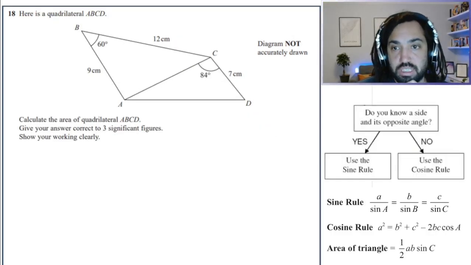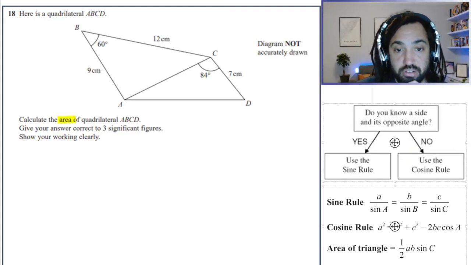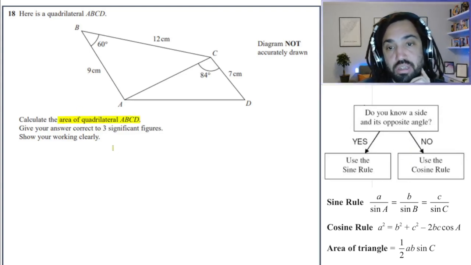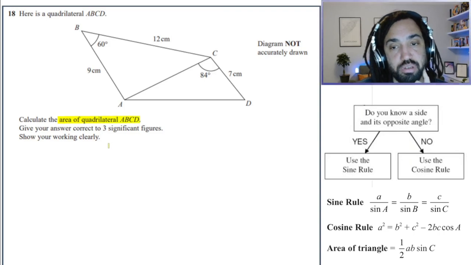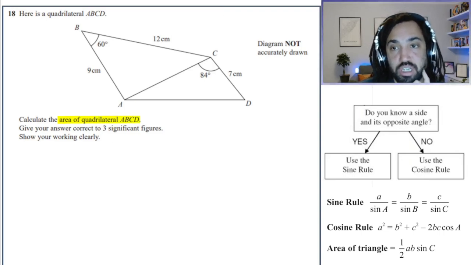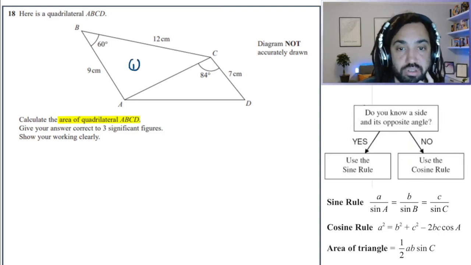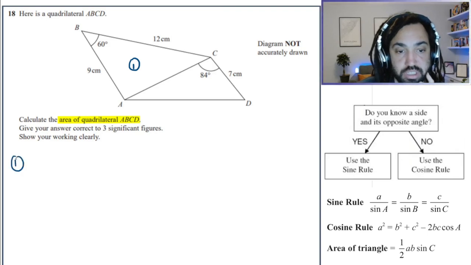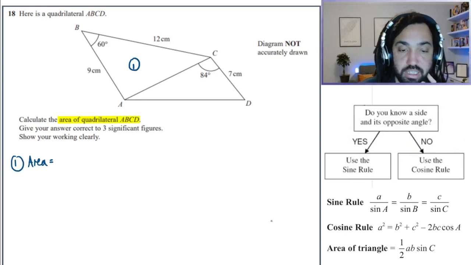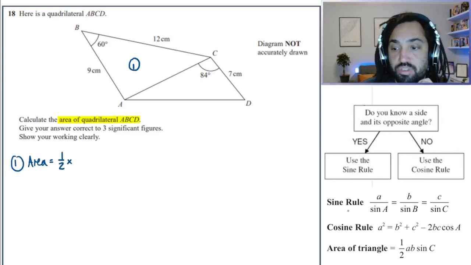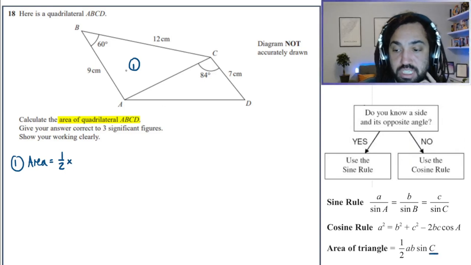Okay, next question, and we're asked to work out the area of the quadrilateral, which would be fine. We certainly can work out the area of triangle number 1 just by using the formula that we've got down here. So it's a half multiplied by, well, first off, identify the angle is always the key thing.